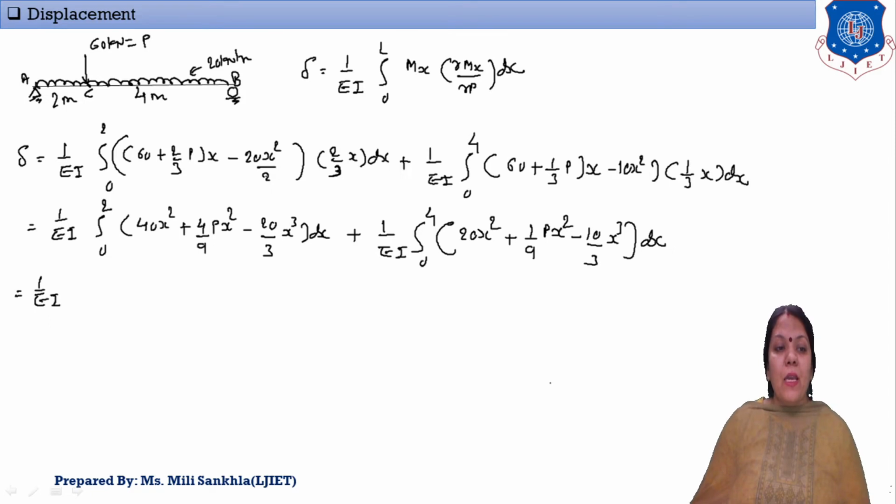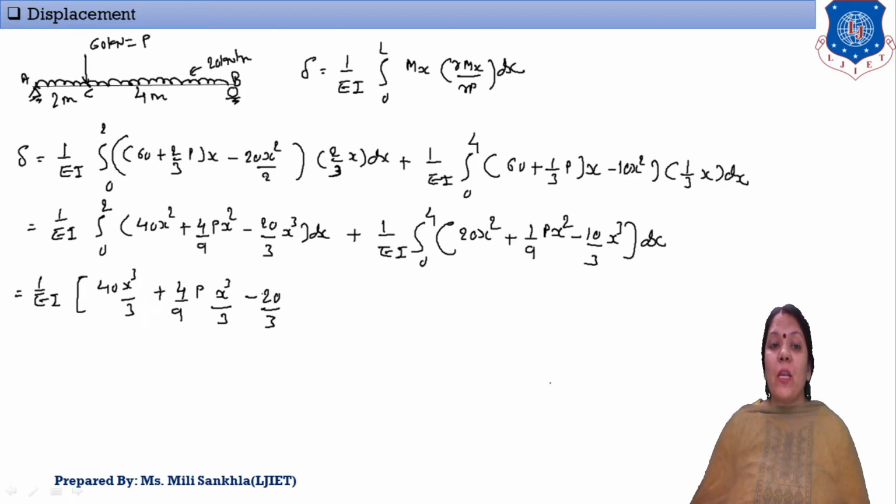1 by EI. First is the integration of x square, x cube by 3, plus 4 by 9 P as it is, integration of x square is x cube by 3, minus 20 by 3 integration of x cube, x raised to 4 by 4, and limit 0 to 2.